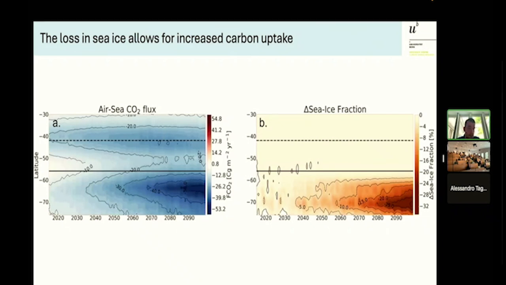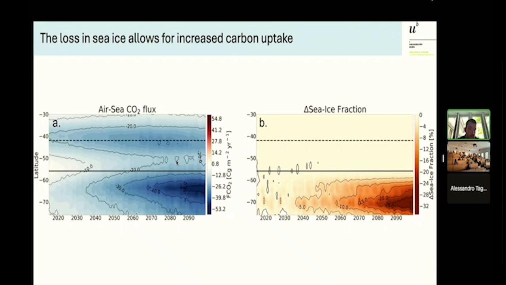So here you have time evolving from left to right, so from today to 2100, and from the upper end of the plot to the lower end, you have the latitude. So this is the northern Southern Ocean integrated over the longitudes to the southern Ocean. And in color, you have the uptake of carbon from the atmosphere. We see that at the moment we have large uptake here and less uptake in these zones.